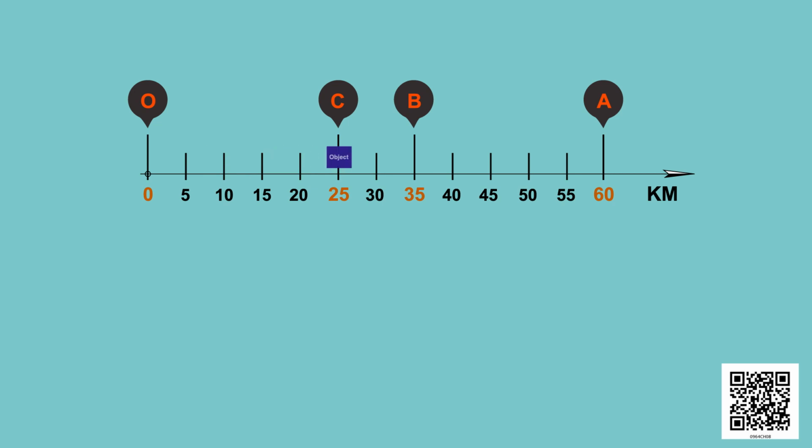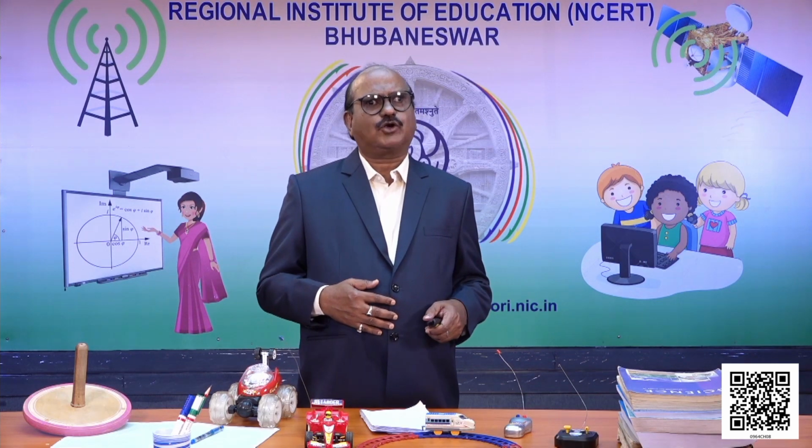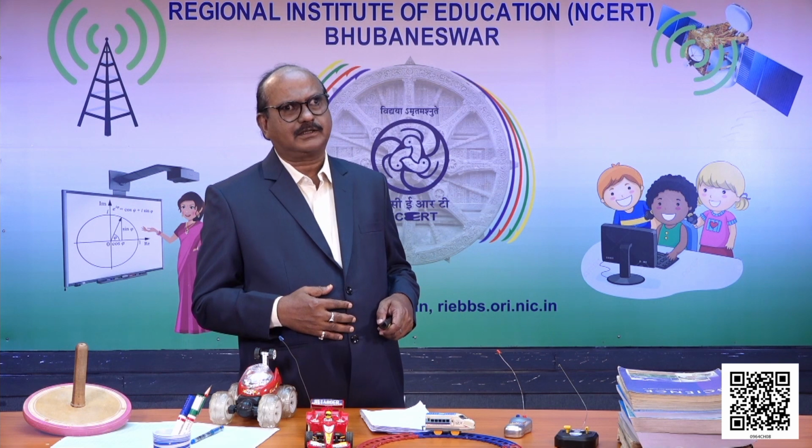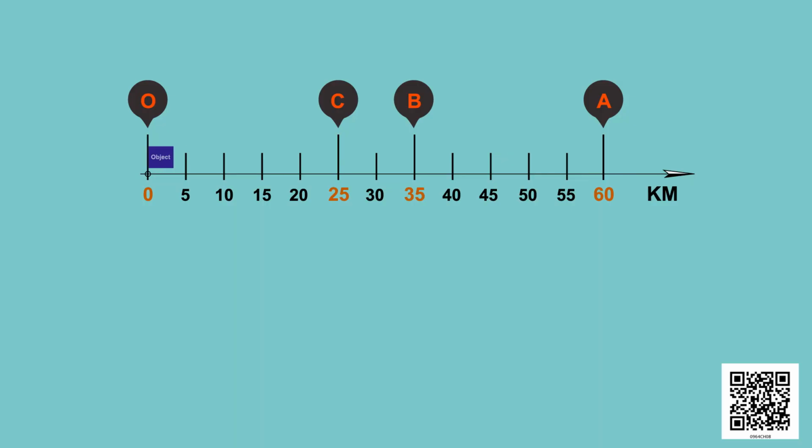Here the initial point is O, the final point is C. These are the two positions, initial position and final position of the object, because the object is in motion. Now, I am asking the question, what is the shortest distance covered by the object from the initial position O to the final position C? The shortest distance from O to C, definitely it would be equal to OC.